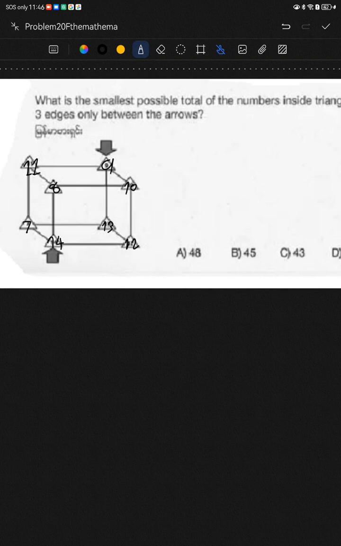Let's do that right now. So we're going to start from here. We have 3 paths to go. Right now our total sum is 14 because we're standing on 14 here. Since the question is asking us for the smallest possible total of the numbers inside the triangles, we'll obviously choose the path that has the lowest number.